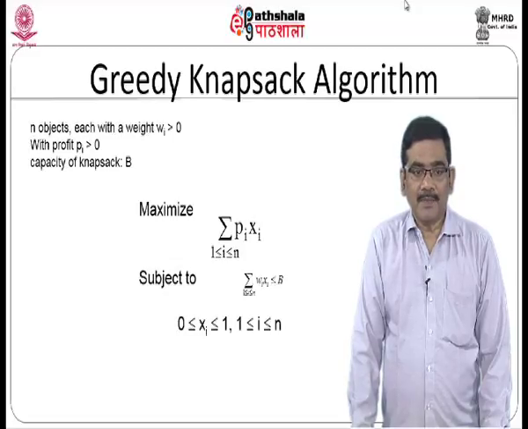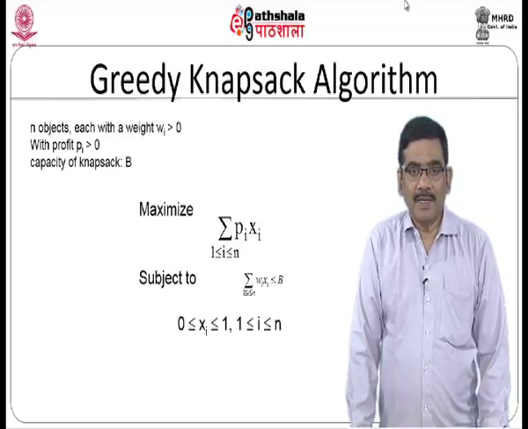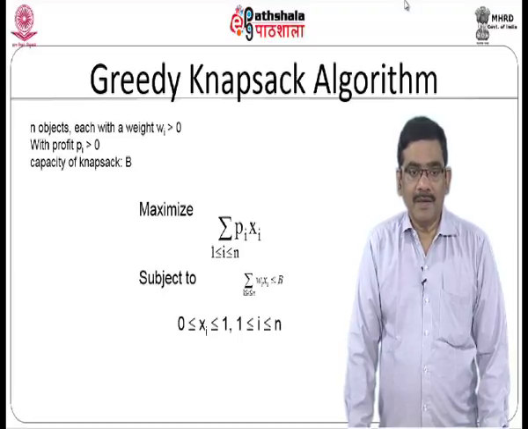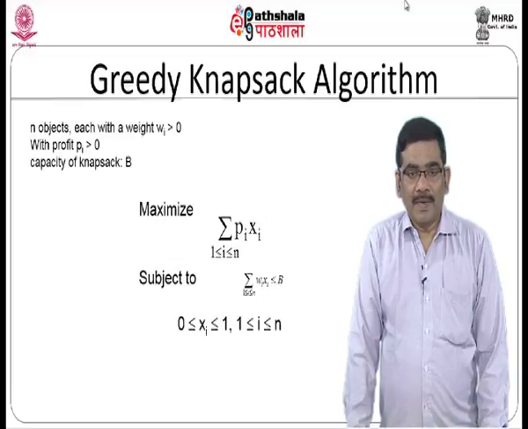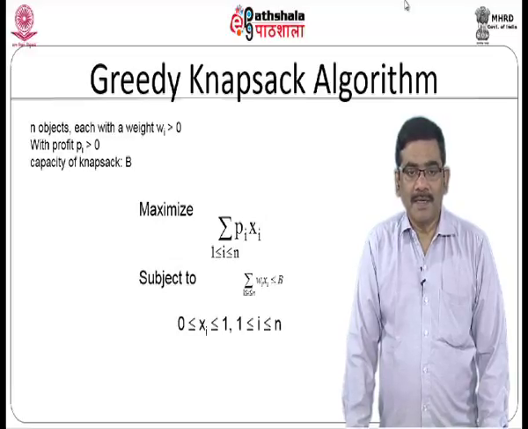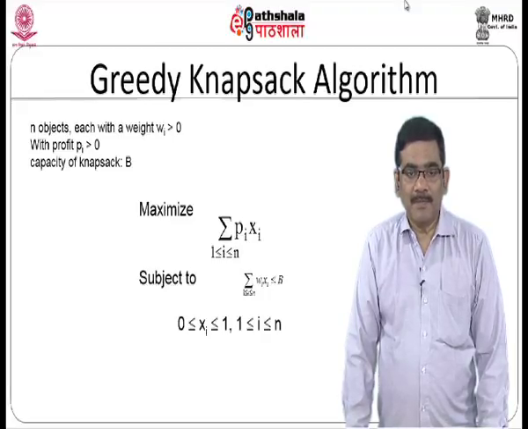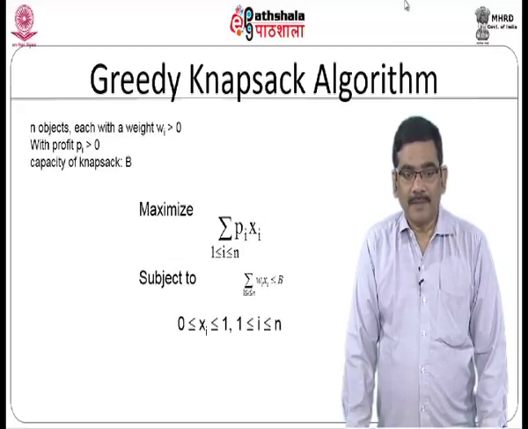So, that means if items are A1, A2, A3 etc., then weight is size of Ai and profit is profit of Ai, and you have one knapsack whose capacity is capital B. The knapsack problem is a problem where we have to load the knapsack with the items so that we can maximize the profit.